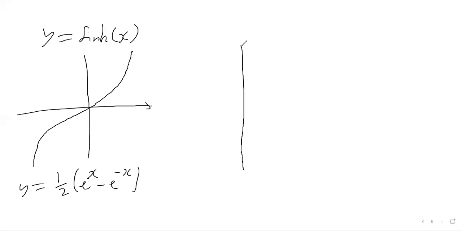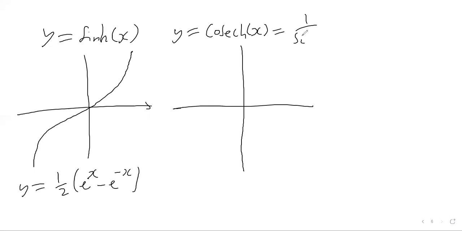Okay, now let's consider the cosech function, which is just 1 over the sinh of x. If you divide 1 by 0, you get, well, technically infinity, an undefined value, I should say.